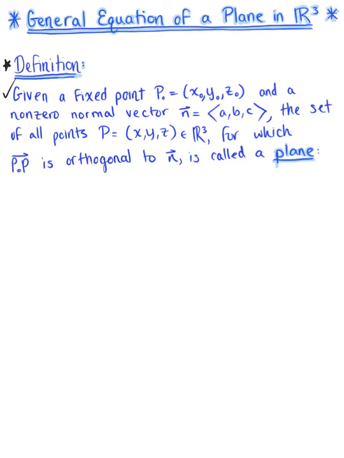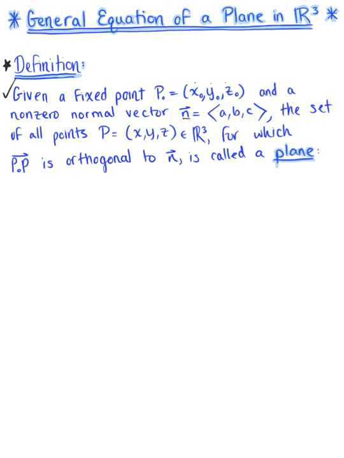Given some fixed point P naught, defined by the coordinates x naught, y naught, z naught, and a non-zero normal vector, vector n, the set of all ordered triplets x, y, z, for which the vector P naught P is orthogonal to vector n, is called the plane.